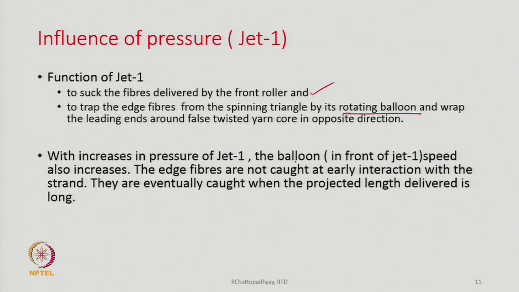As the pressure increases, the balloon speed also increases. The edge fibers are not caught at early interactions with the balloon, that means with the strand, but they will eventually be caught when the projected length delivered is quite long. Because the fiber is delivered at a certain speed, as more fiber length projects out from the front roller nip, they are finally caught by the balloon.